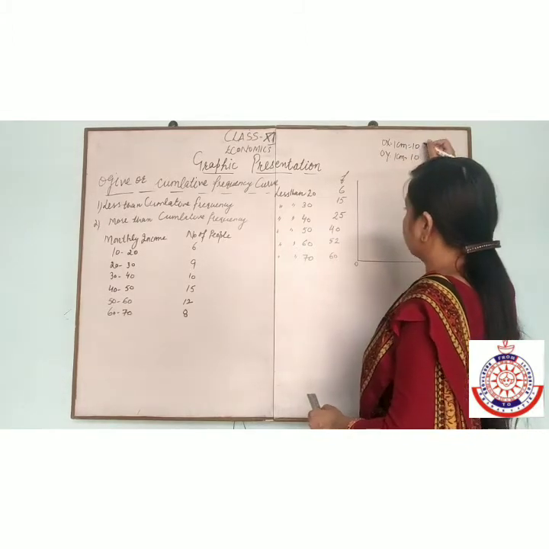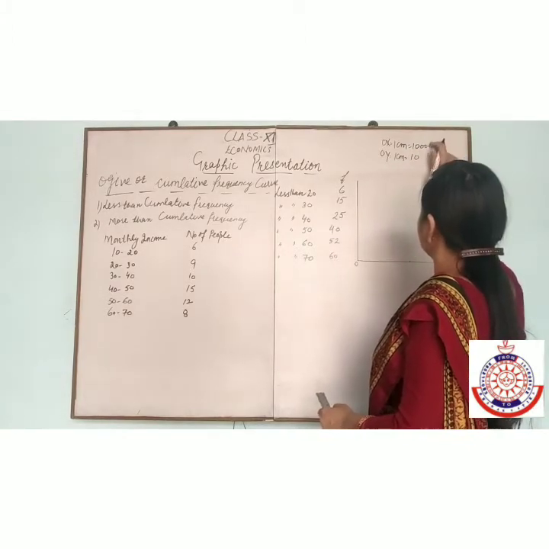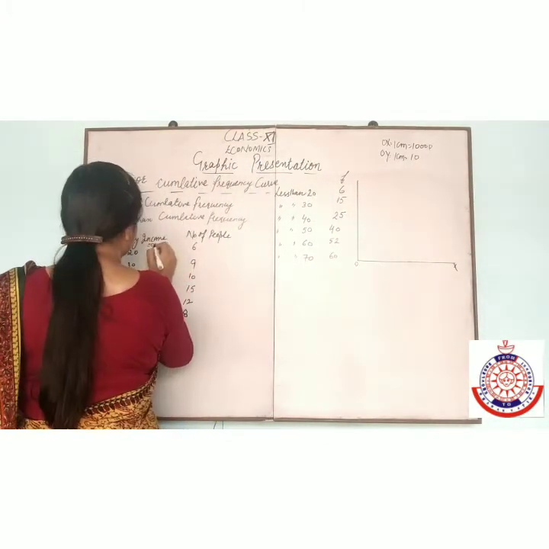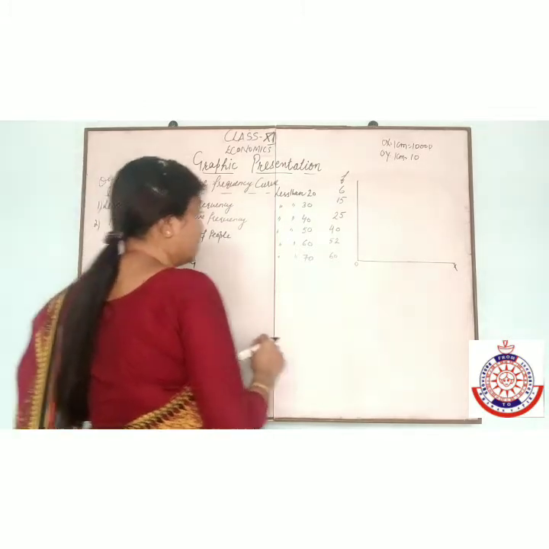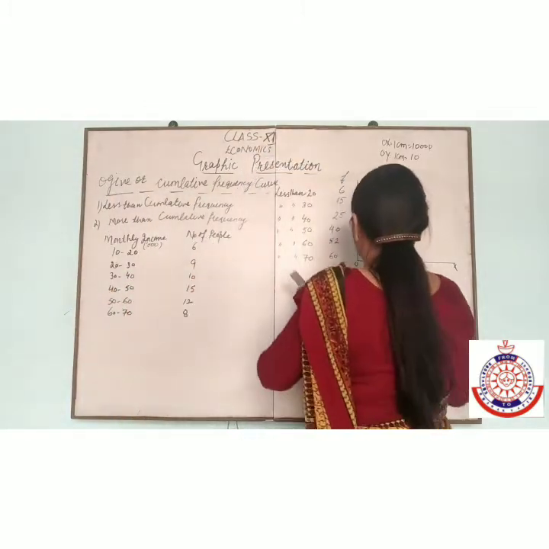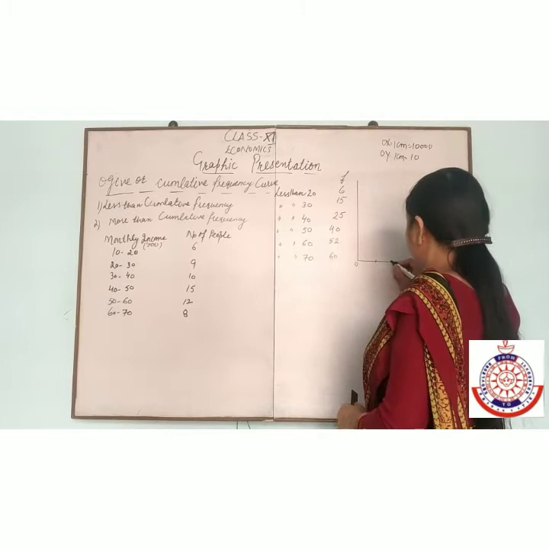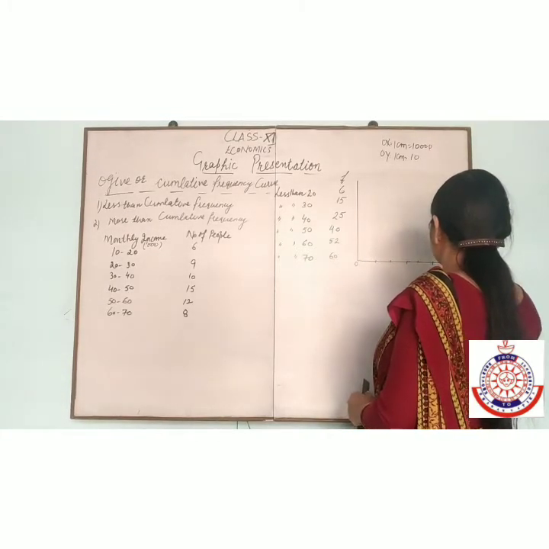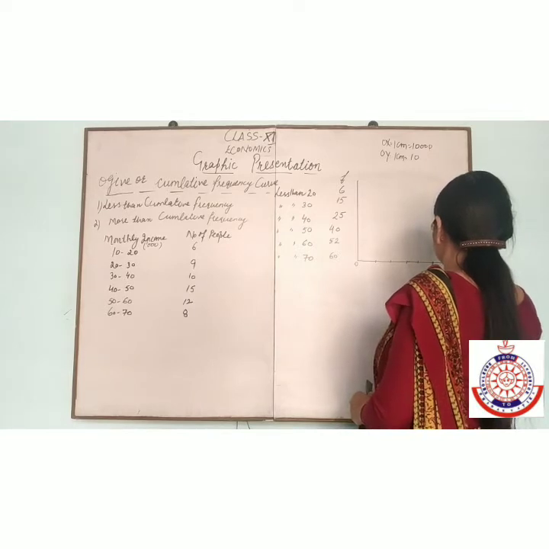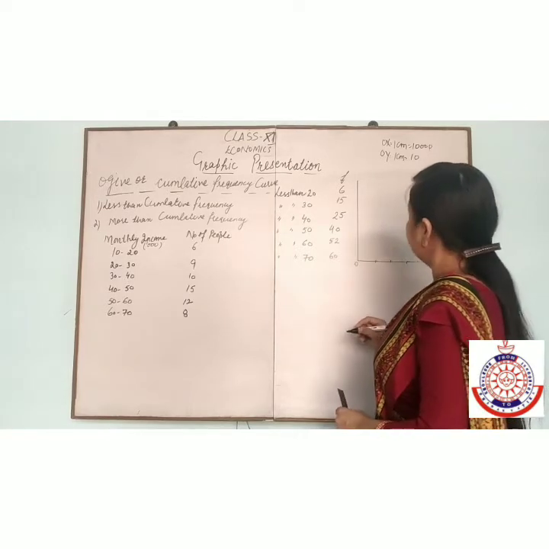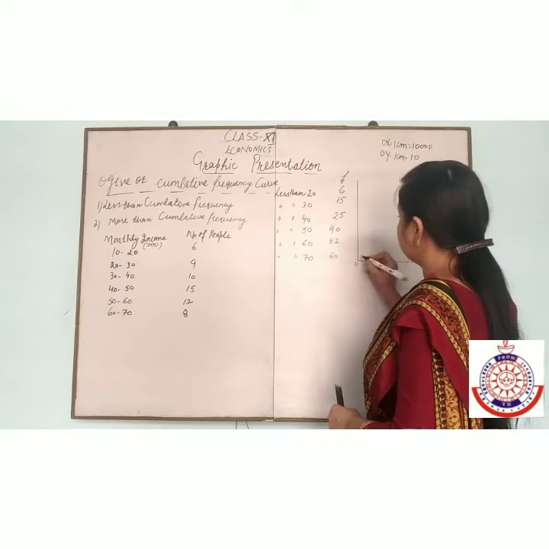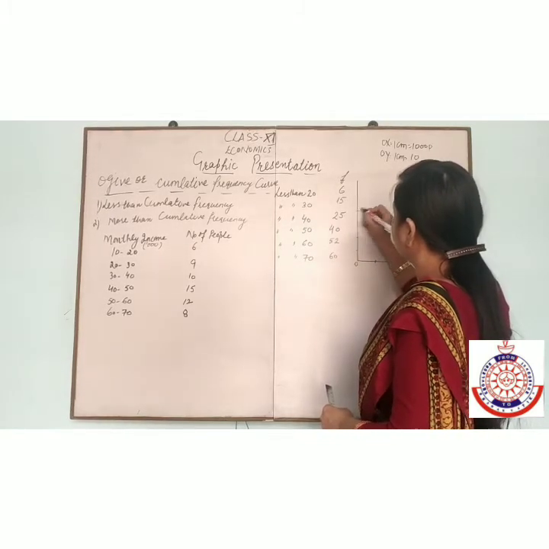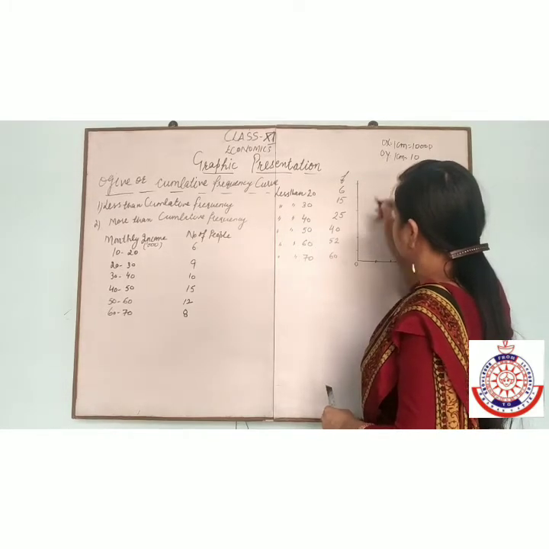This is 10,000. Income is given in thousands here. Then we will take 10, 20, 30, 40, 50, 60 and 70. And the maximum frequency is 60: 10, 20, 30, 40, 50, 60.